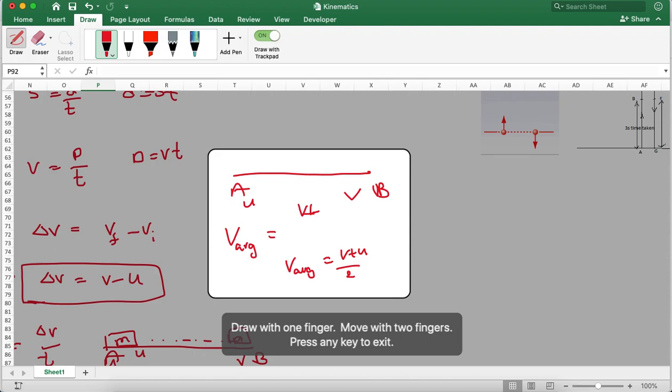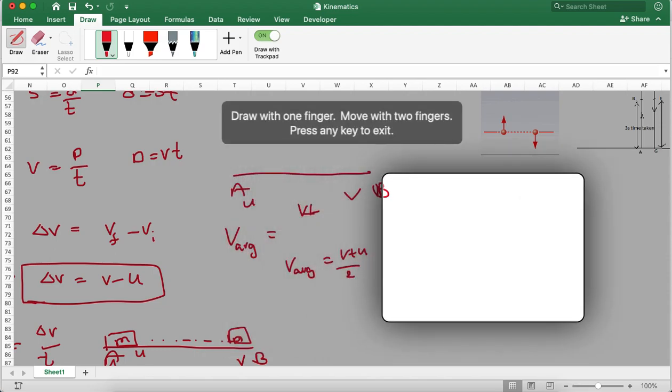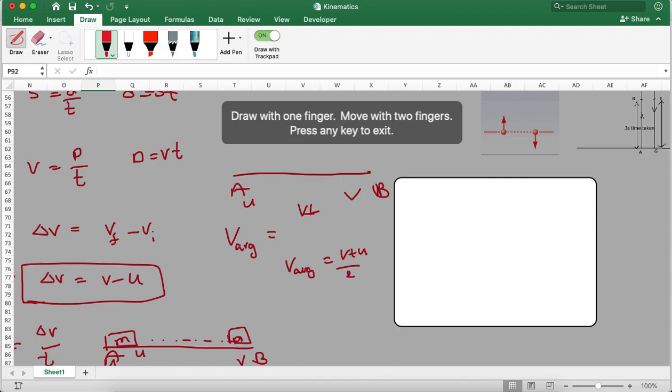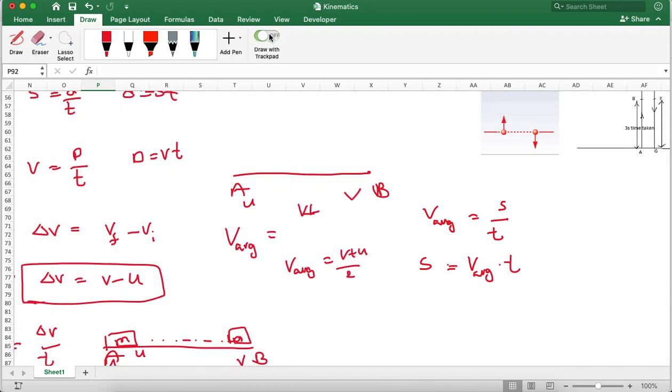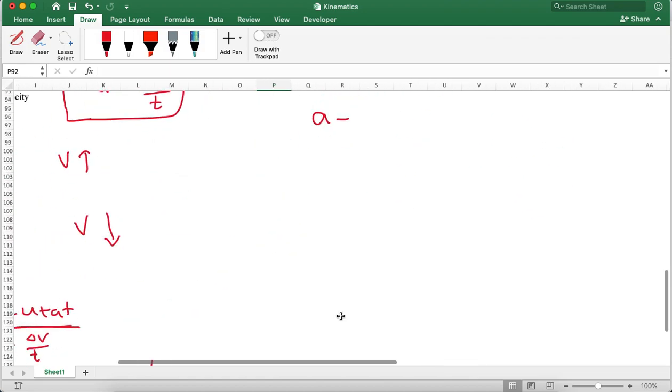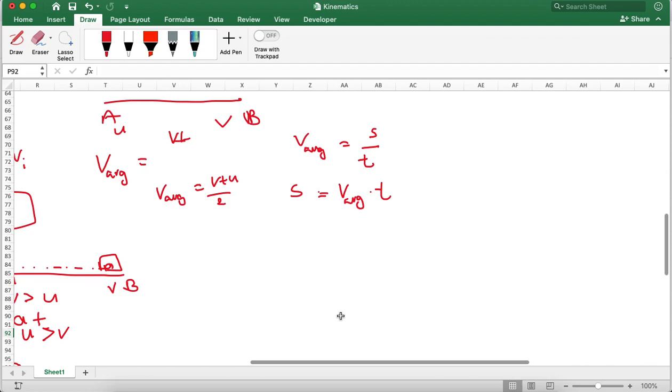We can also represent v average as total distance traveled by total time. So the distance s is equal to v average into time. This is the equation which we will use to derive the relation. So s is equal to v average into t.